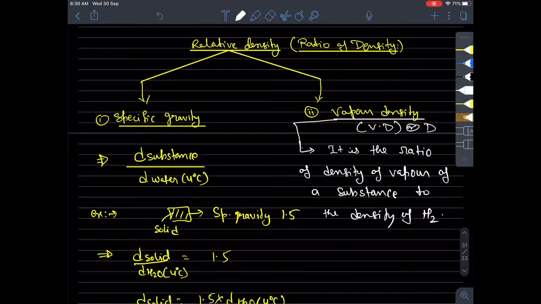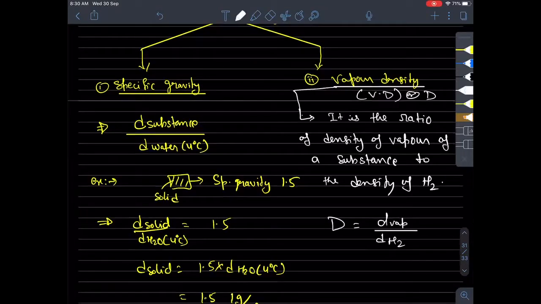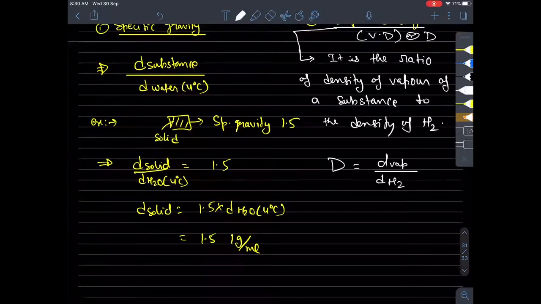So capital D will be what? Density of vapor divided by density of hydrogen, unless it is said something else.